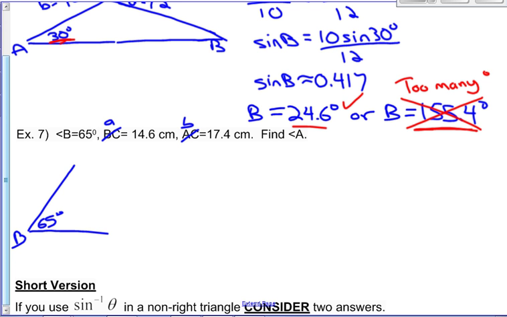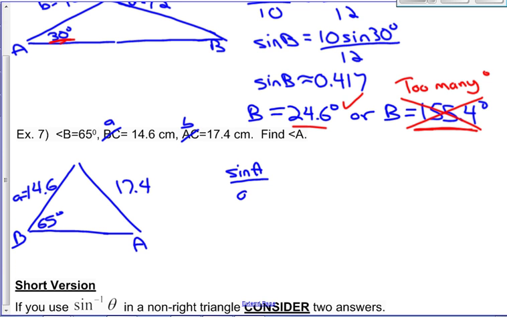And that tells me that somewhere over here there's a 17.4. I want to find A, and it's going to be 14.6 for little a. We'll set it up. We want to find the sine of A in this case. So sine A over a, which is 14.6, equals sine 65 over 17.4.